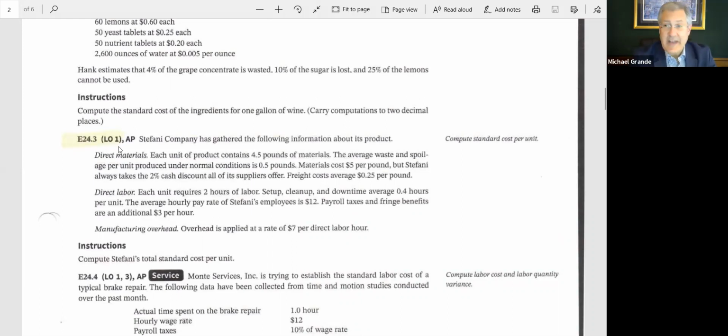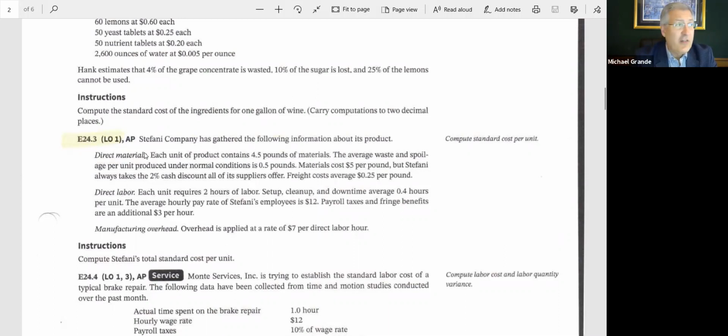Exercise 24-3. Stefani Company has gathered the following information about its product. You look at it really quick, you can see it's direct materials, direct labor, and manufacturing overhead. When tackling these problems, I strongly suggest that you read the problem multiple times before you begin to write down your solution so you understand what's going on.